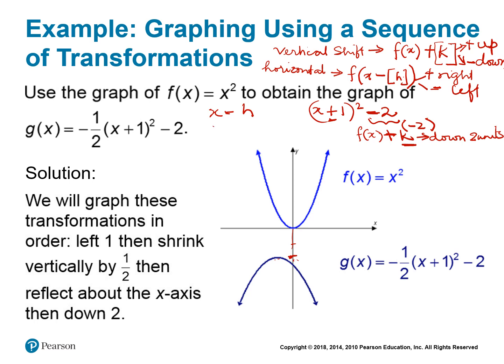So it's going to be x minus, if we pull out a minus from the plus, negative 1, isn't it? So our h is going to be negative 1. Therefore, it shifts left by 1 unit.